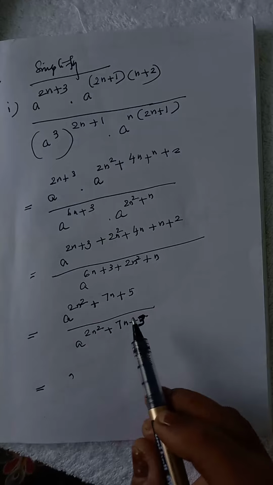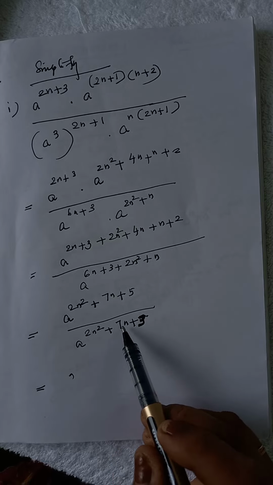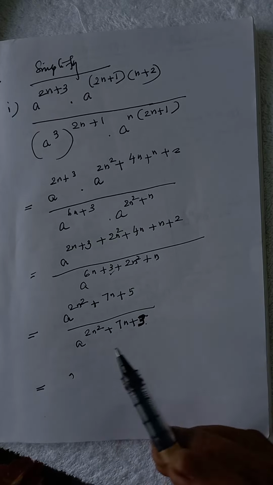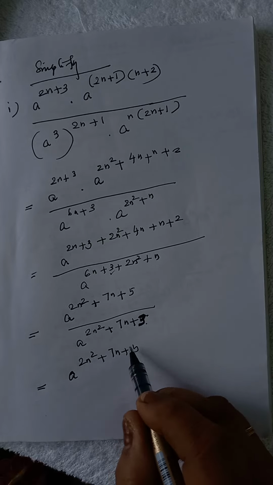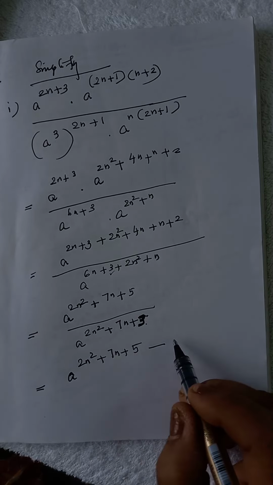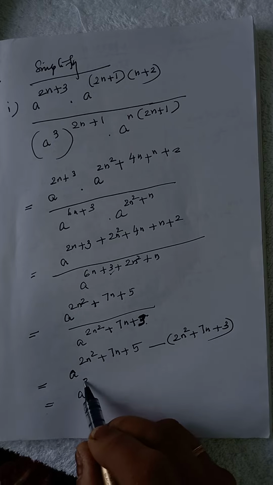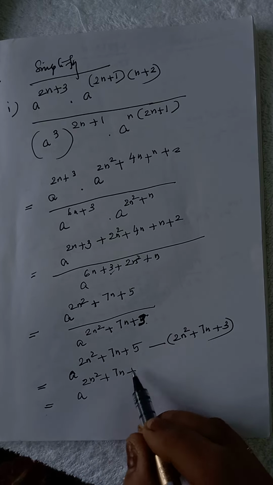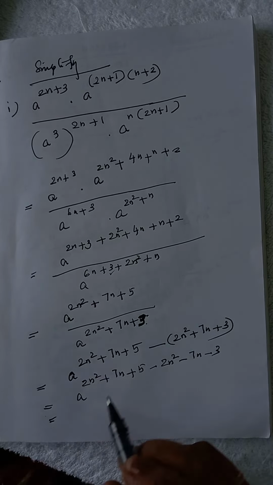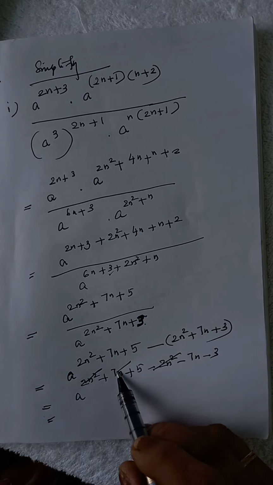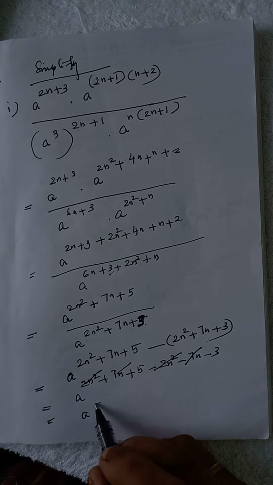So this is equal to a^(2n²+7n+5) divided by a^(2n²+7n+3). Then a^(2n²+7n+5) minus this power, that is 2n²+7n+3, that is a^(2n²+7n+5-2n²-7n-3). 2n² and minus 2n² we can cancel, 7n and minus 7n we can cancel, then 5 minus 3, that is a². So that is the answer.